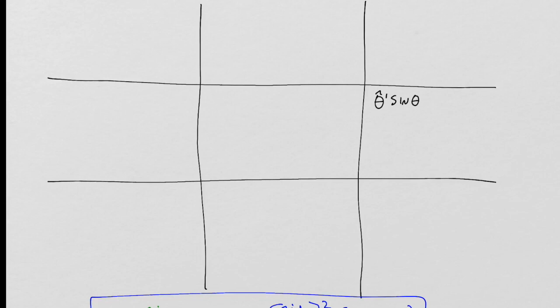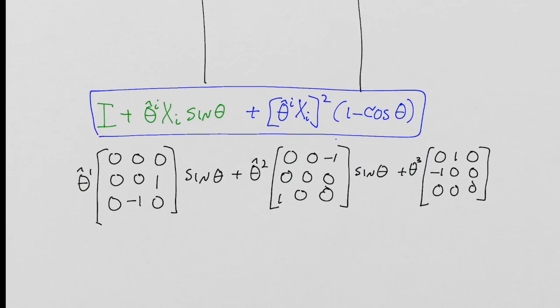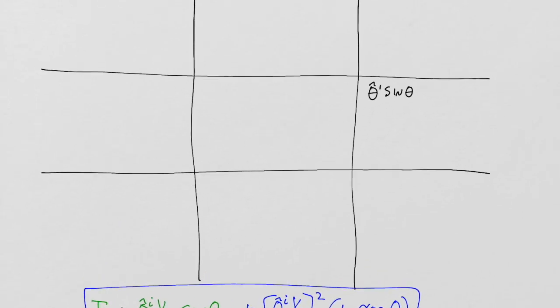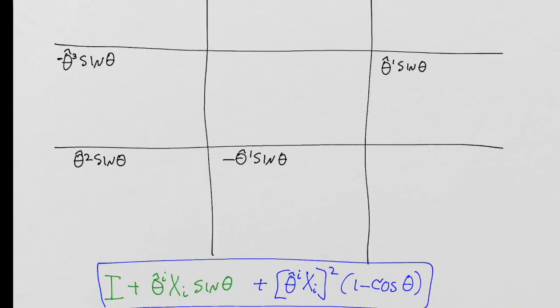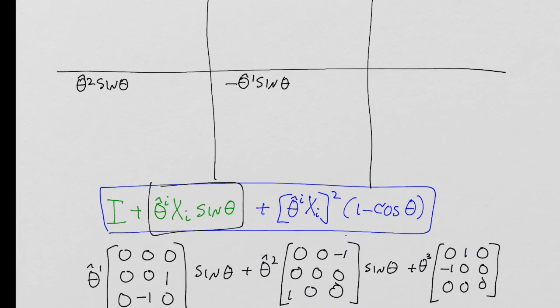And likewise, it's obviously going to be the case that I will have the opposite of that here in the 3, 2 position. So there's going to be a minus theta hat 1 sine theta here. And then I can do the same logic to these guys right there. And that takes care of this term right here.